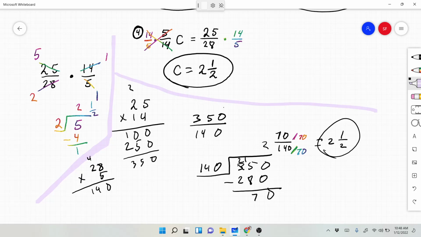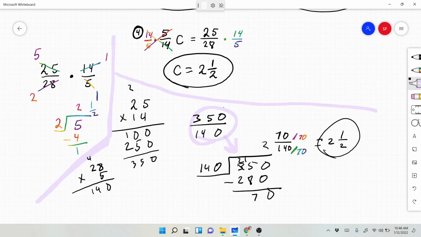Sure. And so the next part, after you get to 350 over 140, you've got to divide that out to turn that improper fraction into a mixed number. Right? So you got to divide 140 into 350. Yes, ma'am.